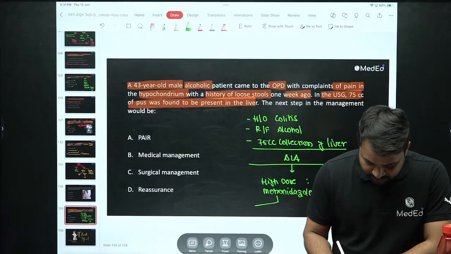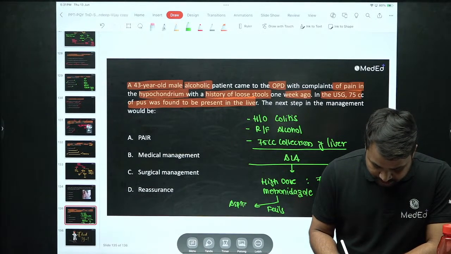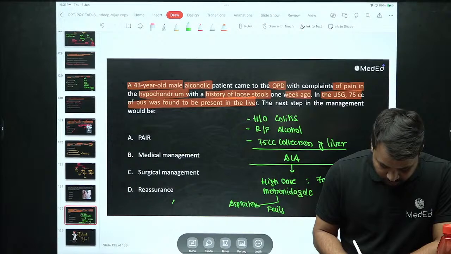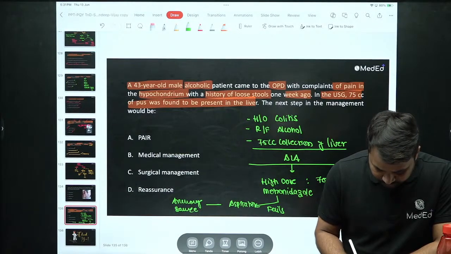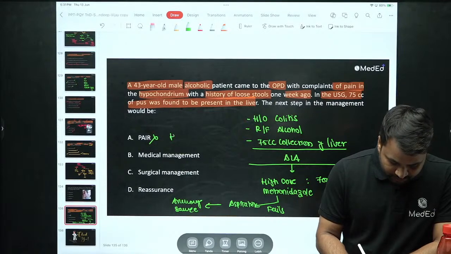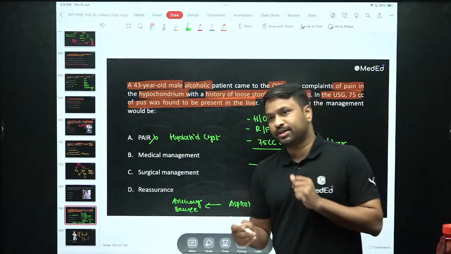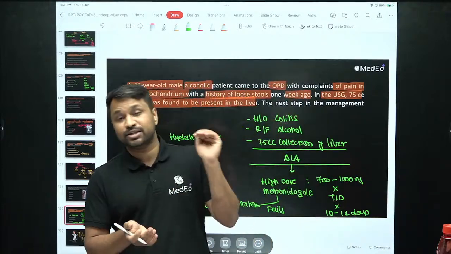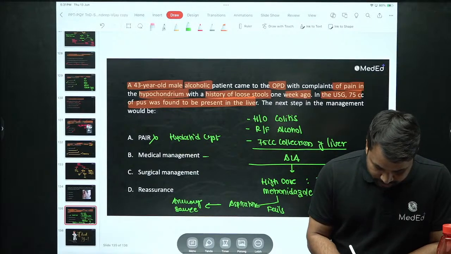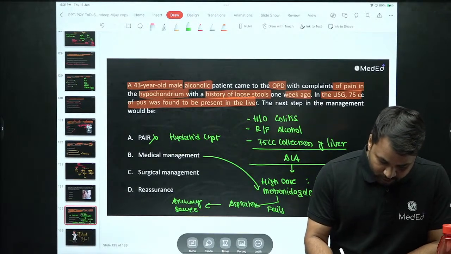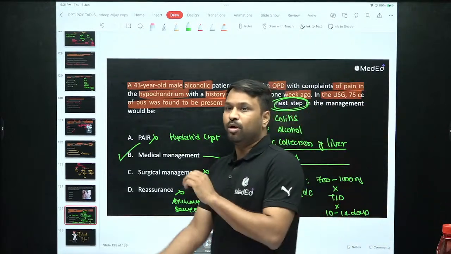If high dose metronidazole fails, then I am going to do an aspiration and you will see the presence of anchovy sauce. PAIR is not done here. PAIR is done for hydatid cyst. PAIR stands for percutaneous aspiration, instillation of scolicidal agent and reaspiration. Medical management is correct. I would like to go with high dose metronidazole. He's asking for the next step in the management. Surgical is not, reassurance is not. The answer is B for Bombay.